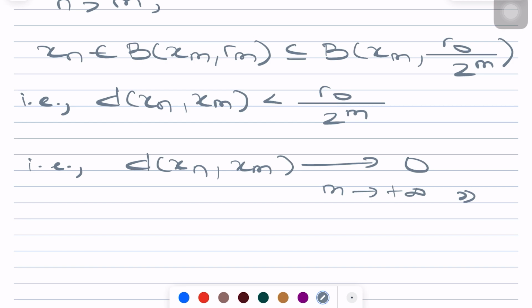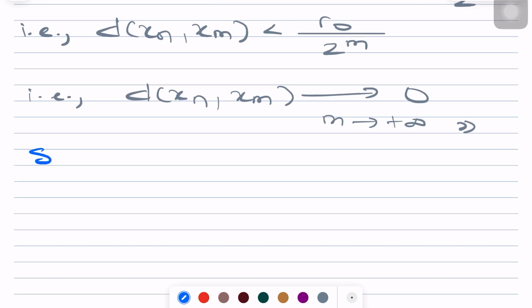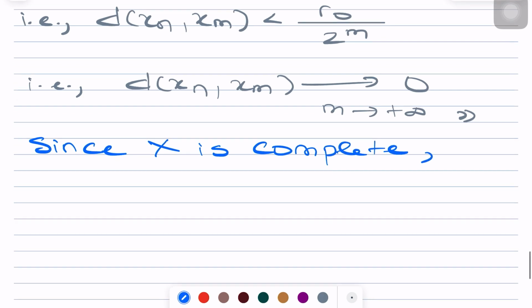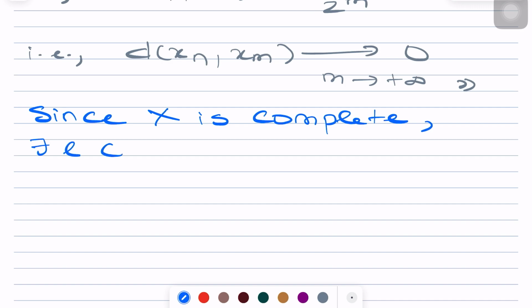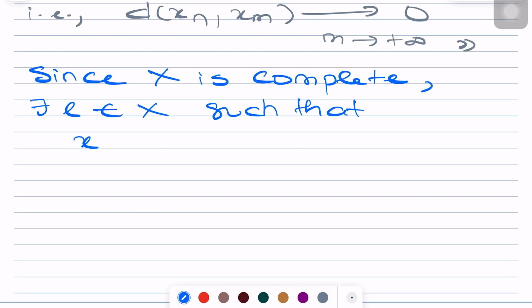So we indeed have a Cauchy sequence. Now, since X is complete, and completeness is very crucial, remember, there exists, say, L in X such that xn converges to L, because every Cauchy sequence in a complete metric space has a limit.